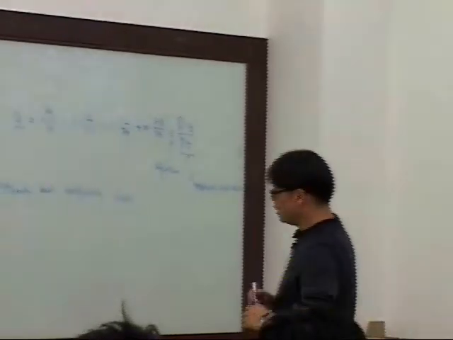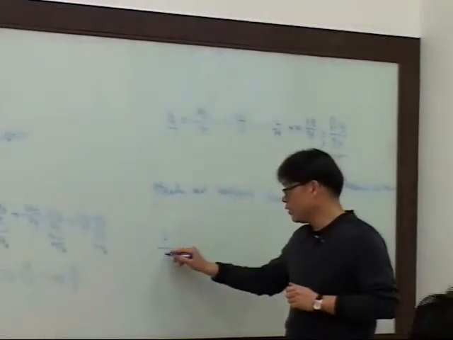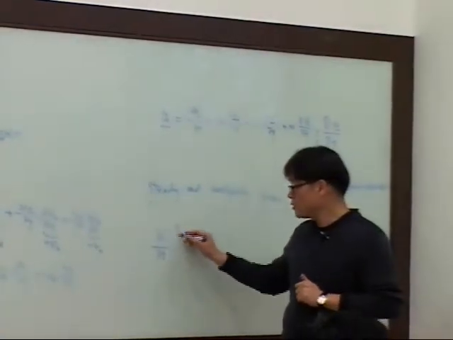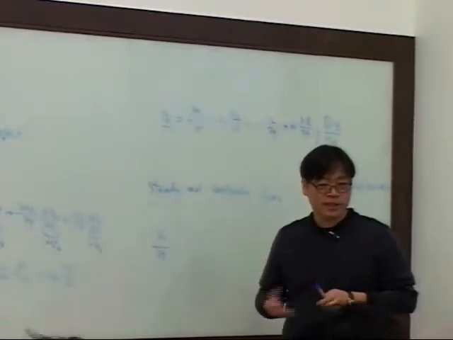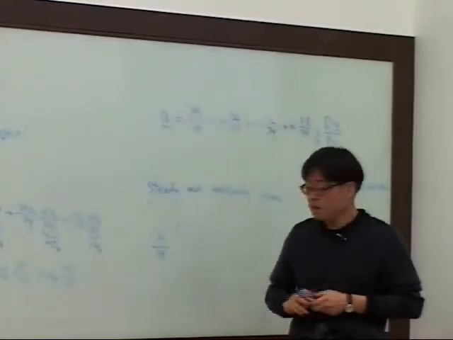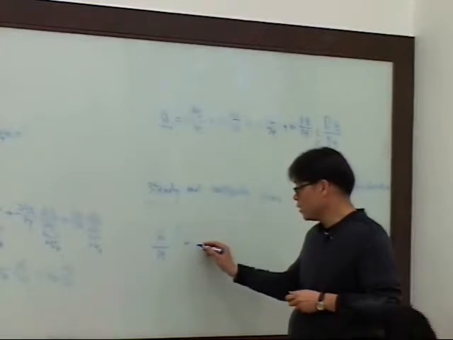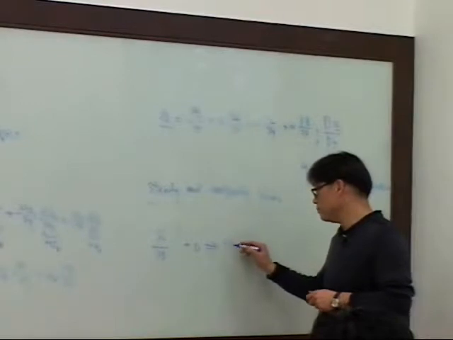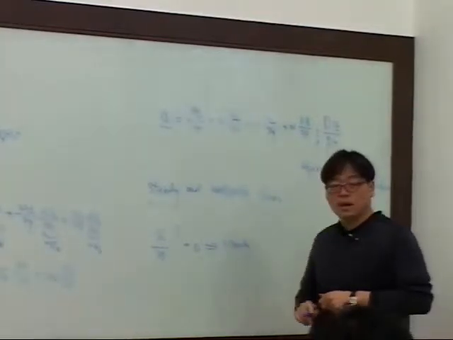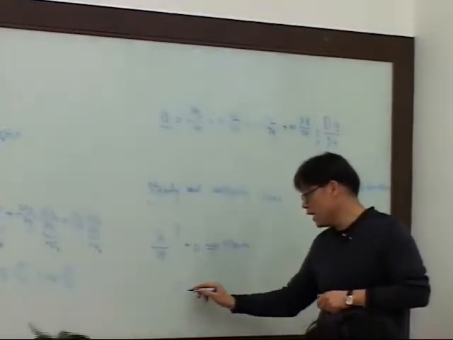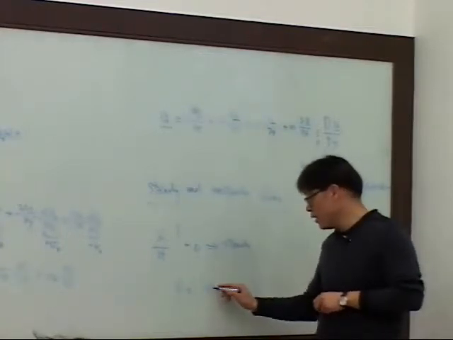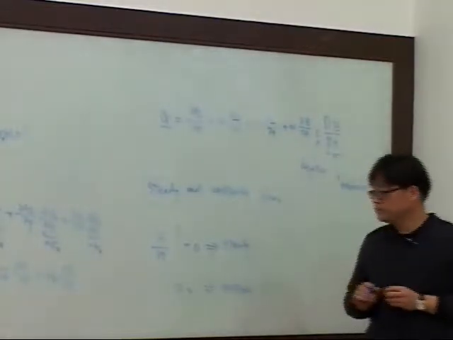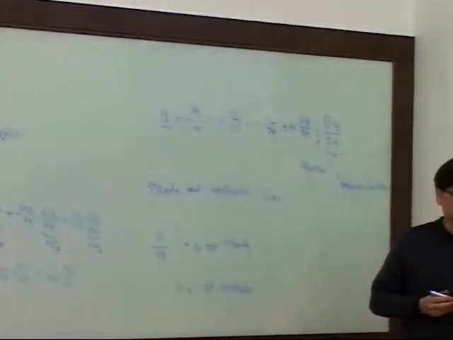What I mean by that is when I take a partial time derivative of something, could be velocity, acceleration, pressure, whatever, if this is equal to 0, then I say the flow is steady. Otherwise, if this is not equal to 0, then I say the flow is unsteady. Very simple concept.